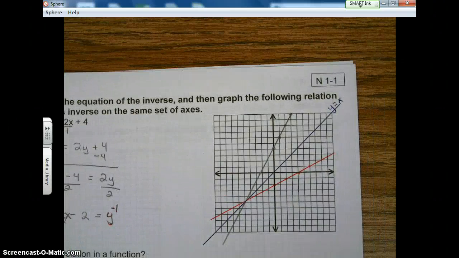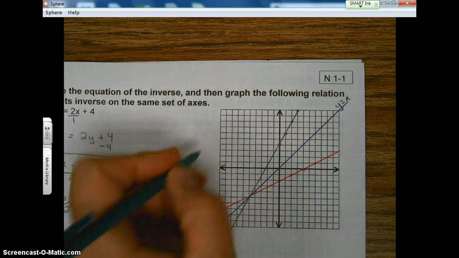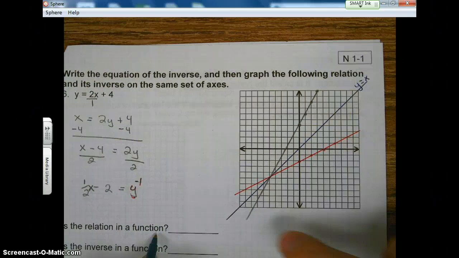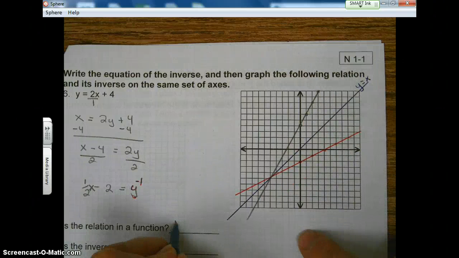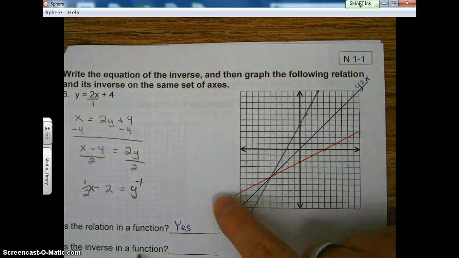What is this line called? Is the relation a function? So is the original relation a function? What do you think? I hope you said yes. Is the inverse a function?